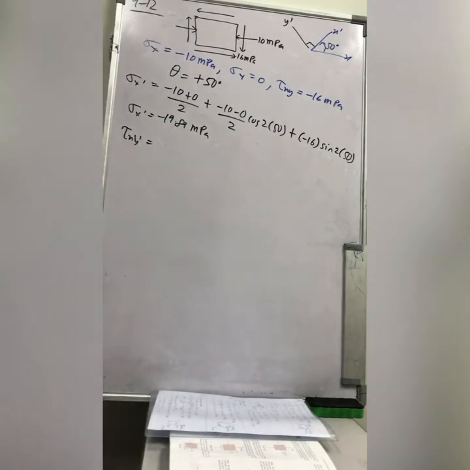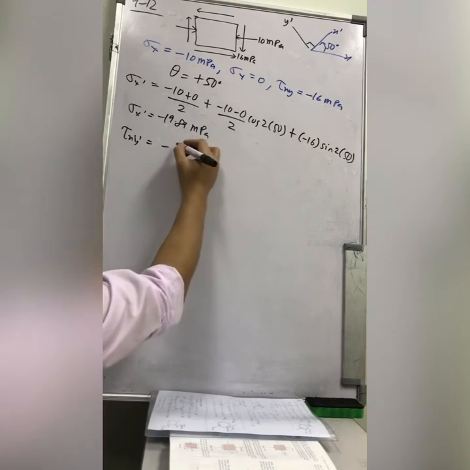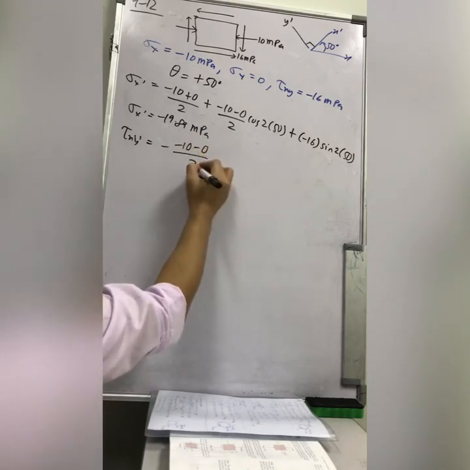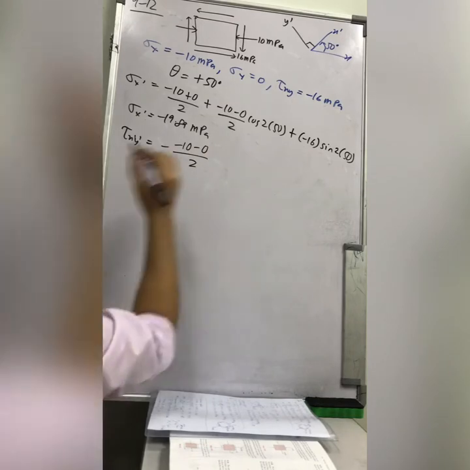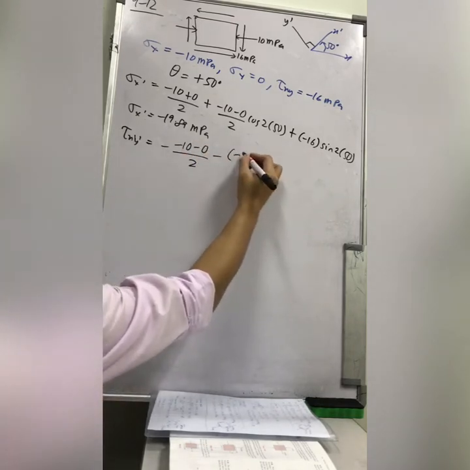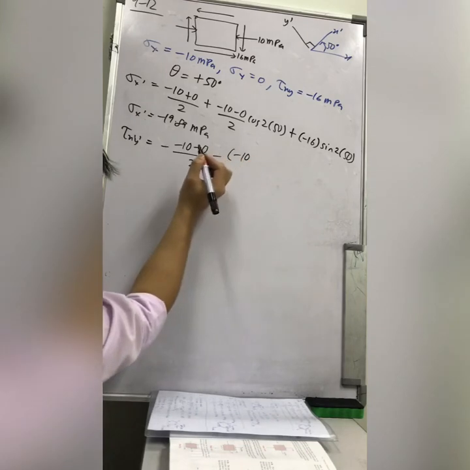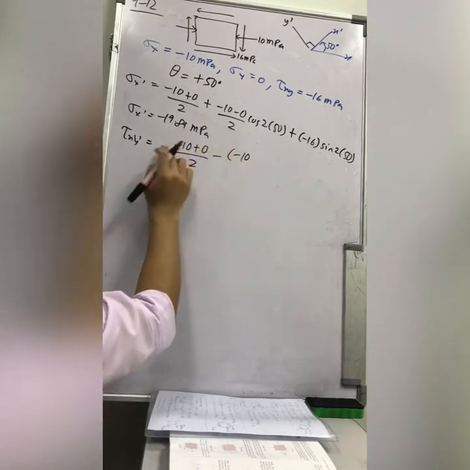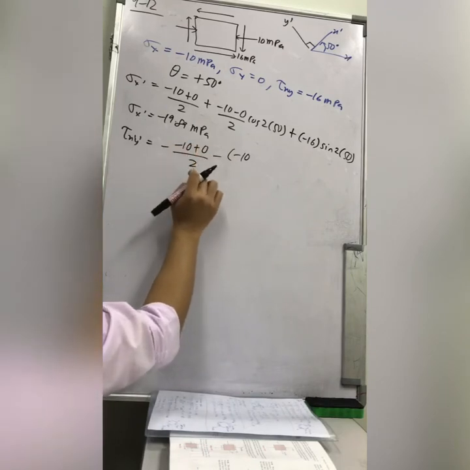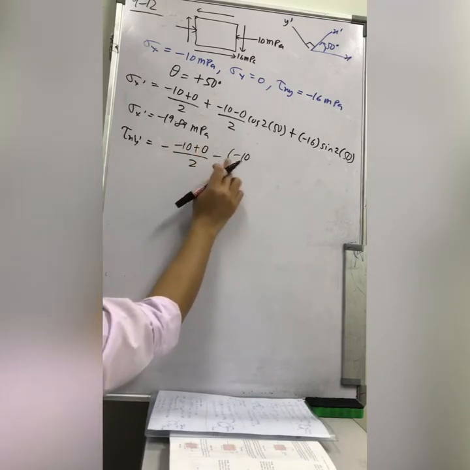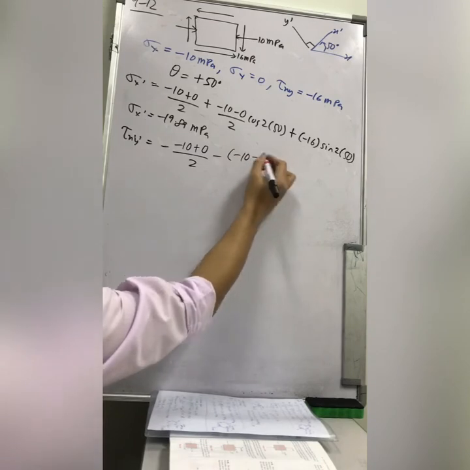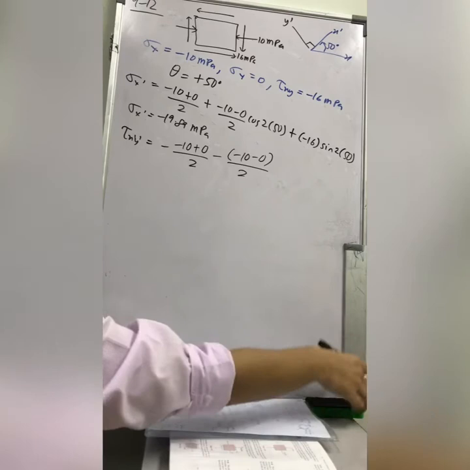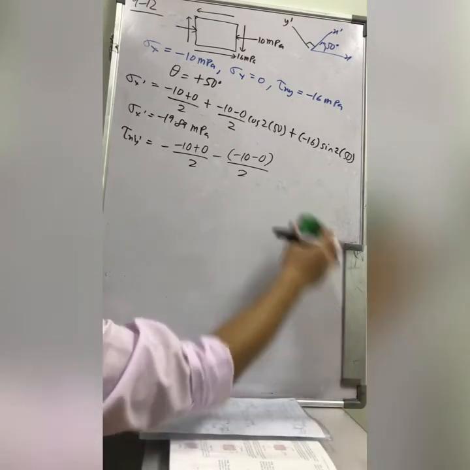Tau x prime y prime is minus sigma x minus sigma y divided by 2. Sorry, I mixed up the equation.